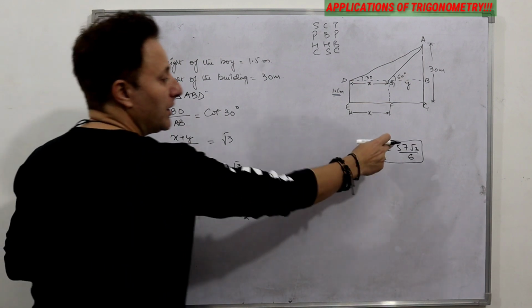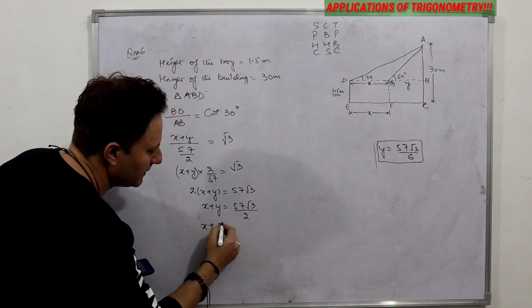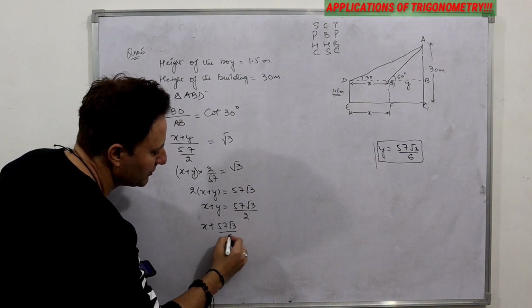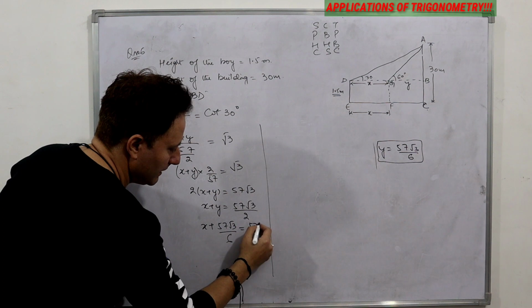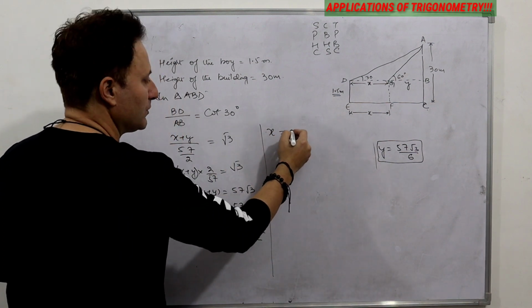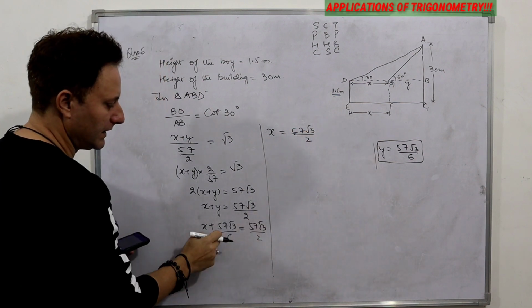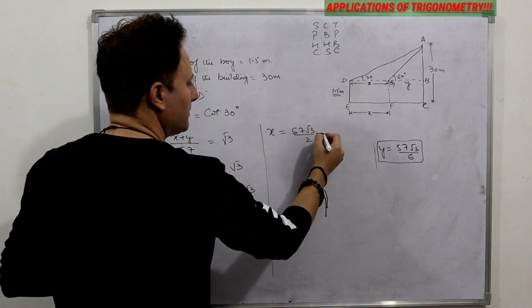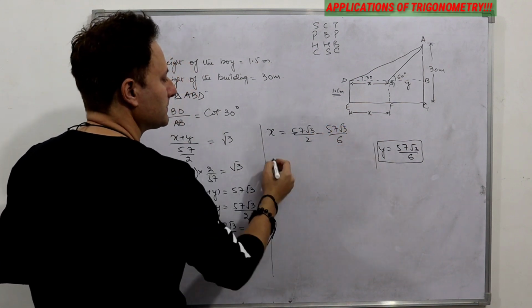Now we have the value of y here, so let's take that as well. So that is y is 57 root 3 upon 6, and x plus y is equal to 57 root 3 upon 2. So I'm taking this here, x is equal to 57 root 3 upon 2, and then this is positive, goes that side, becomes negative, 57 root 3 upon 6.